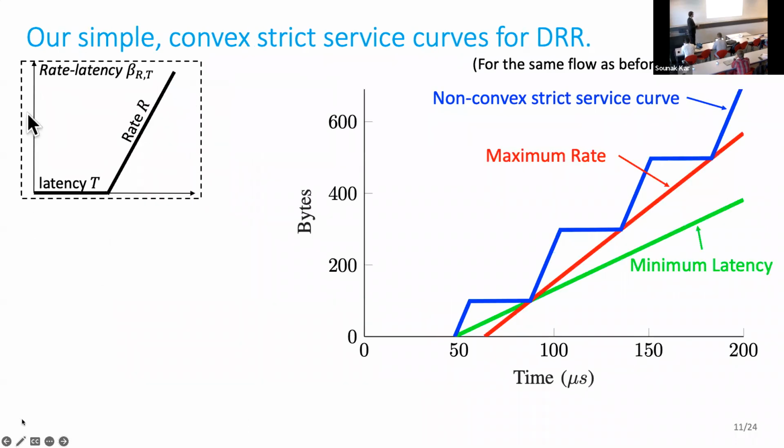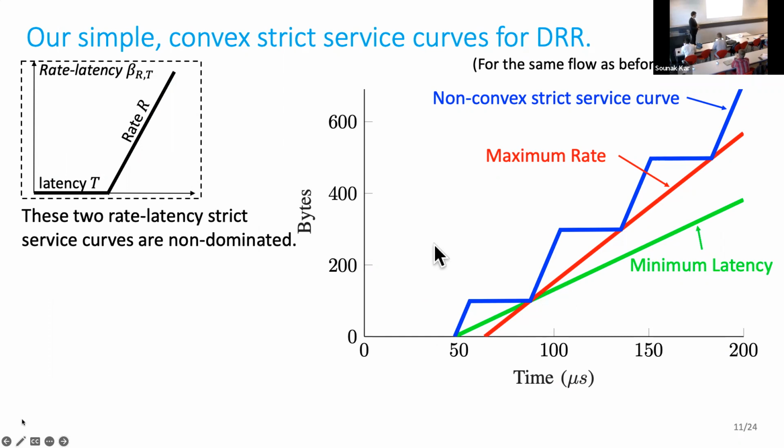Being interested in rate latency strict service curves, as they are very tractable and easy to use, we have found two rate latency strict service curves for DRR: the red curve, the one that achieves the maximum rate, and the green curve, the one that achieves the minimum latency. These two curves are non-dominated, meaning that there is no other rate latency curve that dominates these two.